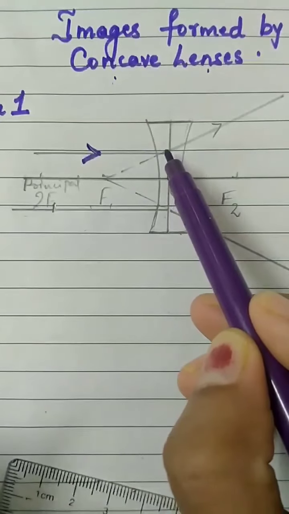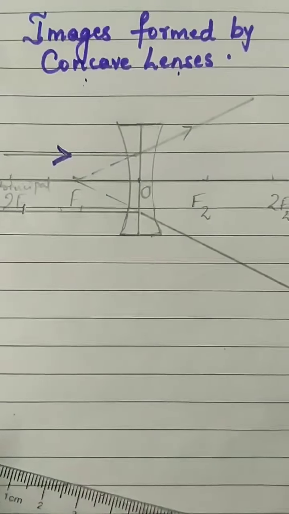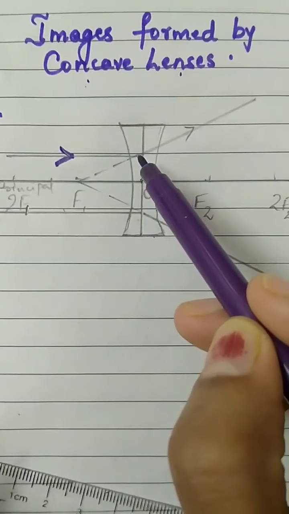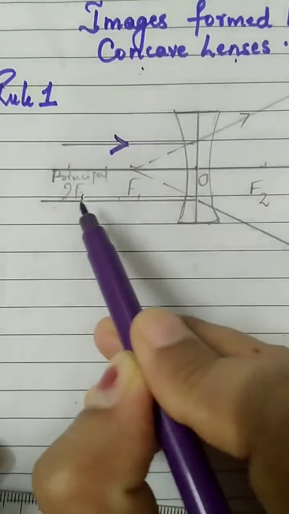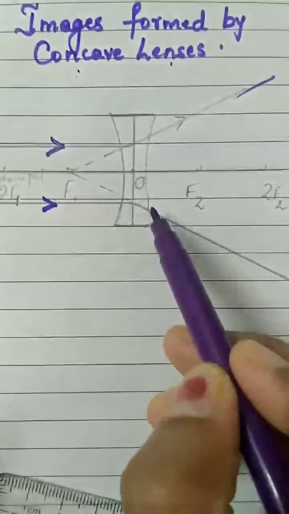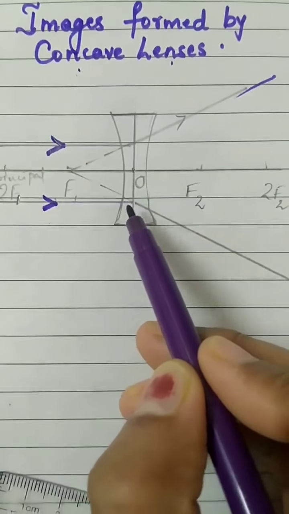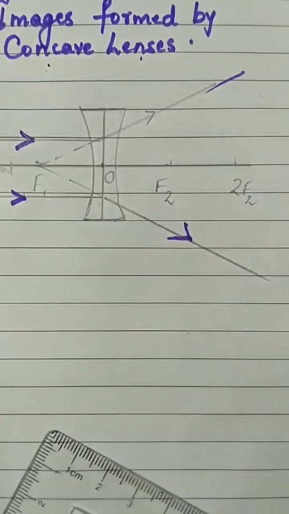It will get refracted, it will get diverged away from the incident ray. Okay, so the refracted ray is getting diverged. Same way, one more incident ray I have shown down. Incident ray is parallel to the principal axis. Once it enters the lens, the refracted ray gets diverged. Okay, this is the refracted ray.